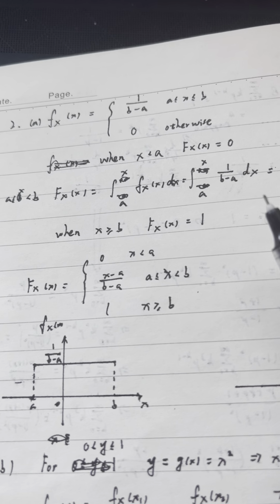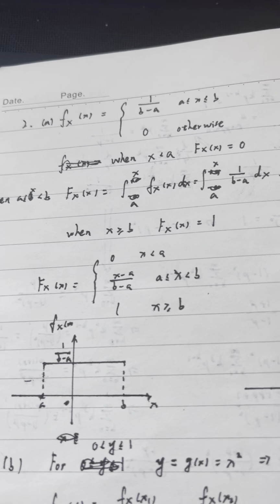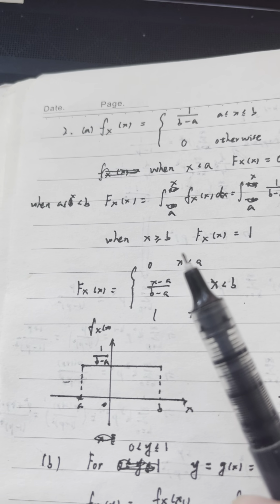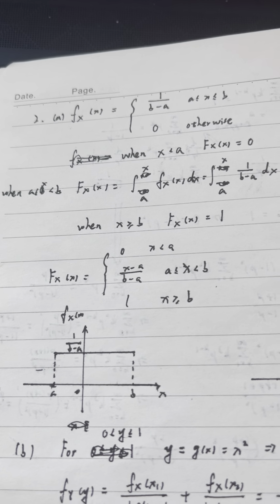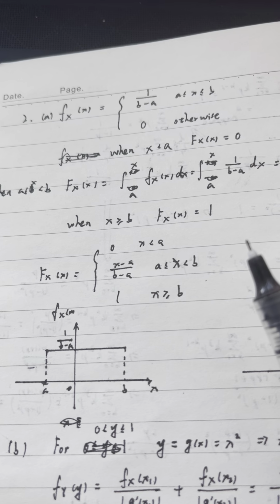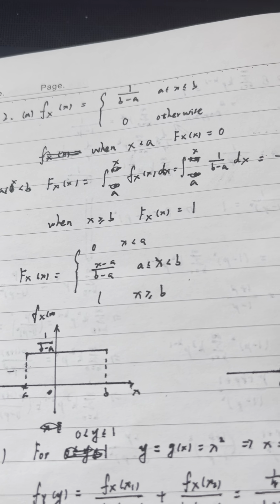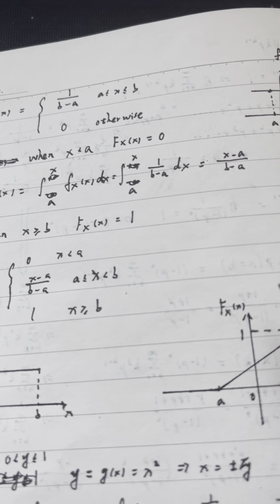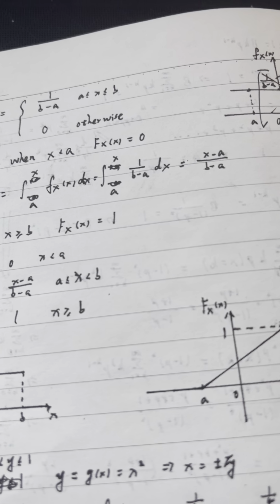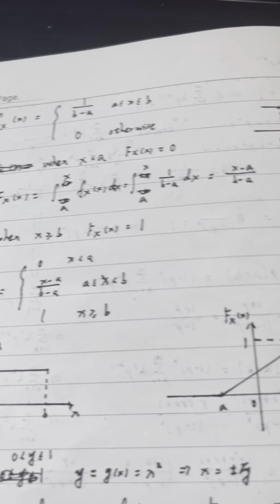When x is smaller than a, it definitely equals 0. When x is larger than or equal to a and smaller than b, we can calculate the integral of its density function from a to x, so it equals x minus a divided by b minus a.